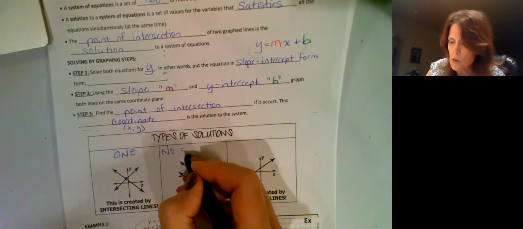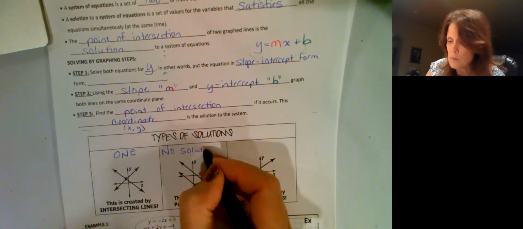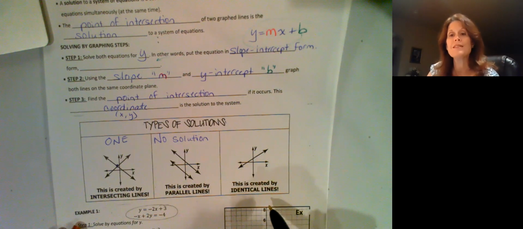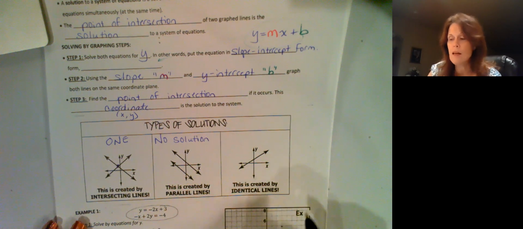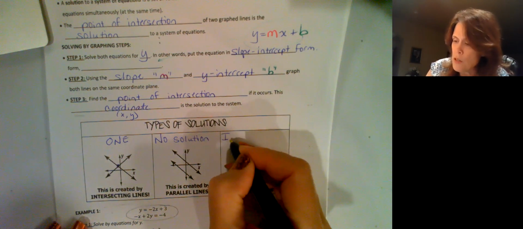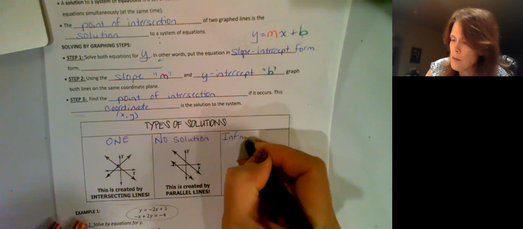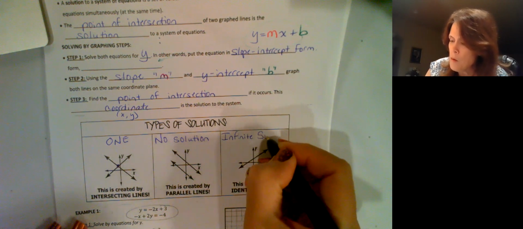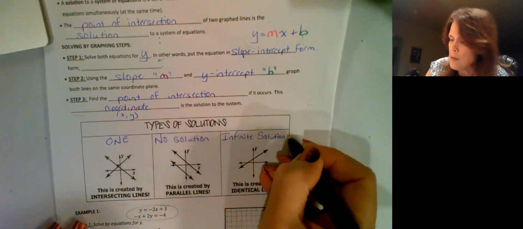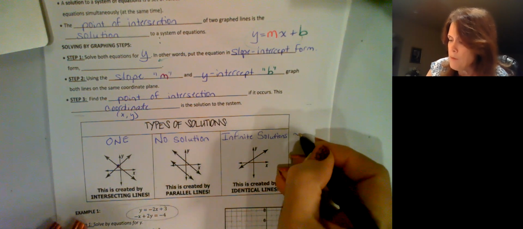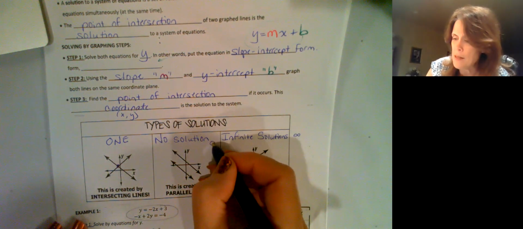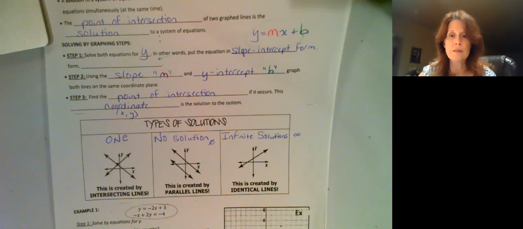So we could see no solution. Or if it's the same line or identical lines, then we're going to have infinite solutions or infinitely many. Sometimes we might see that infinity symbol used. Sometimes we might see the null symbol used over here.